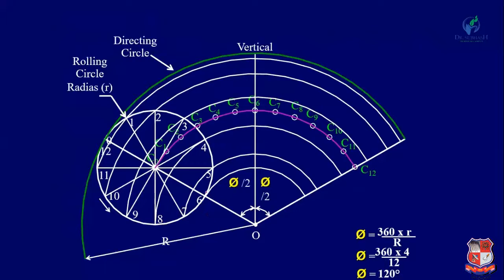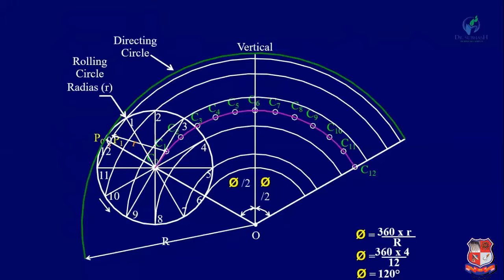Now the procedure remains the same as in the epicycloid. With C1 as a center and radius equal to the radius of the rolling circle, draw an arc. Initially the point P0 will be here. Now with C1 as a center, you will get the point P1 here.